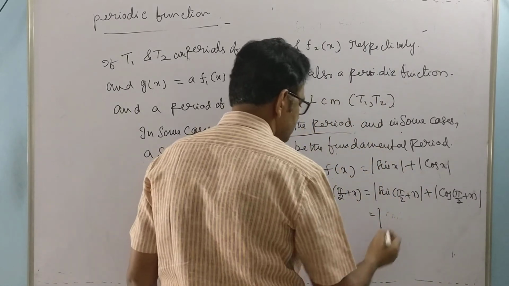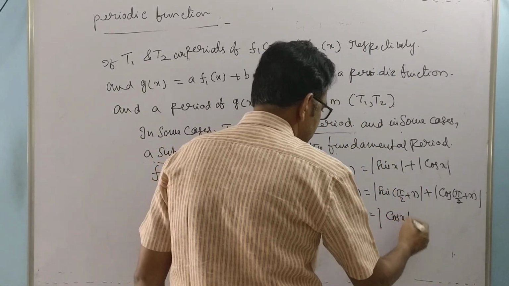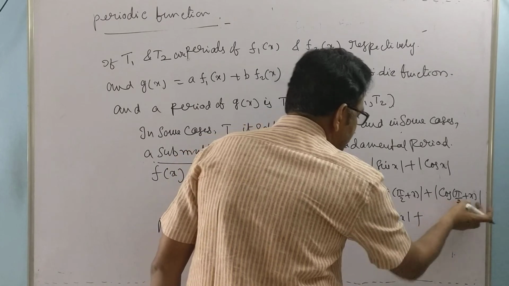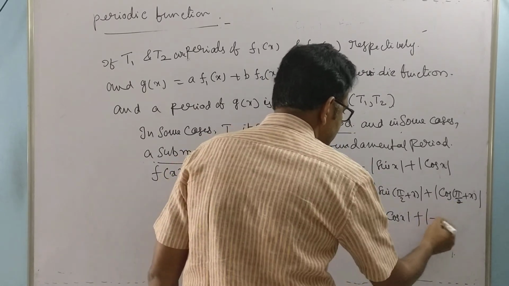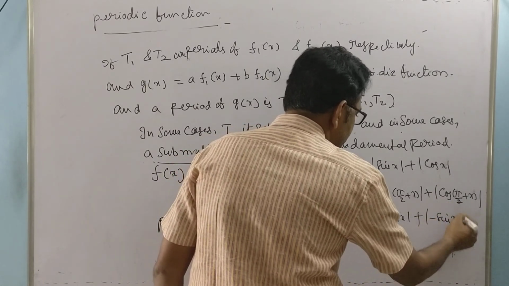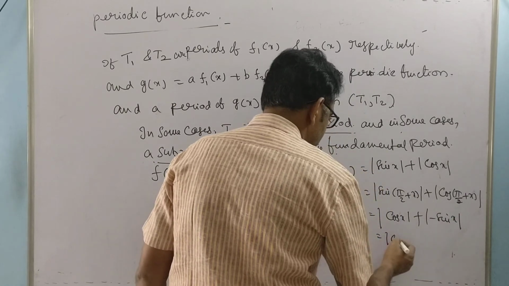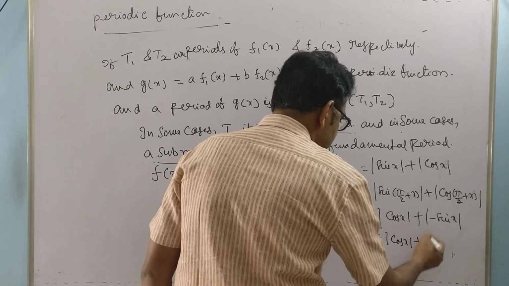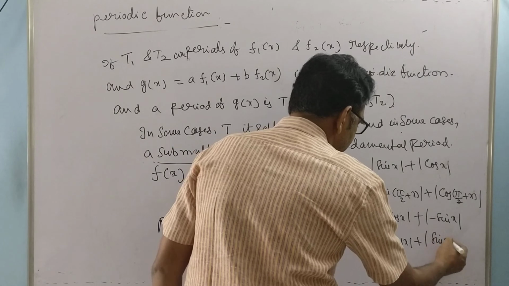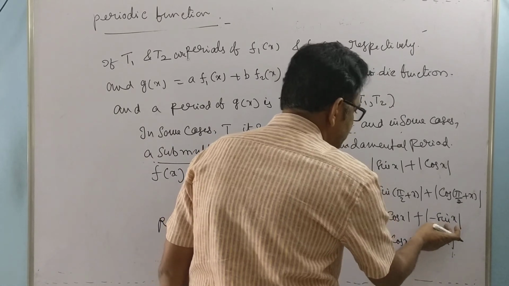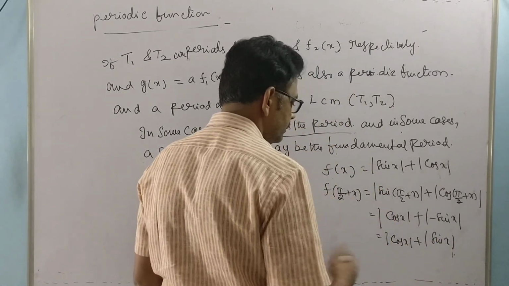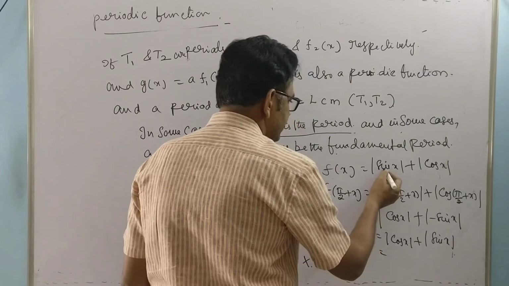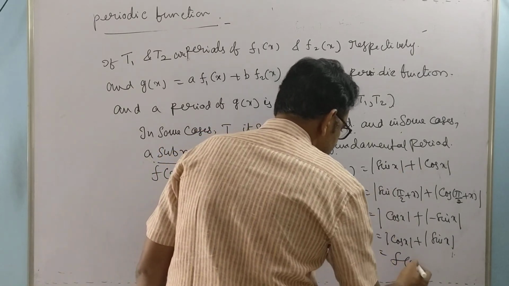That equals cos x, and cos of pi by 2 plus x is minus sin x. But mod means you can take it positive. That is mod cos x plus mod sin x, because mod of minus 2 is nothing but mod 2. So this is again f of x.